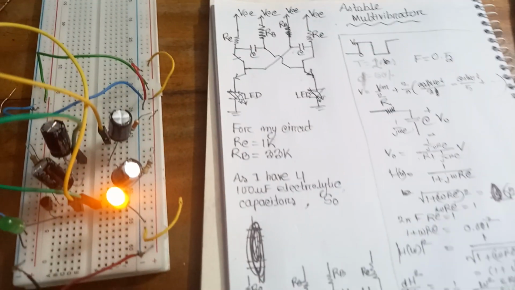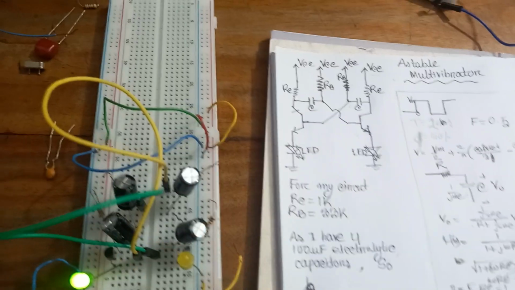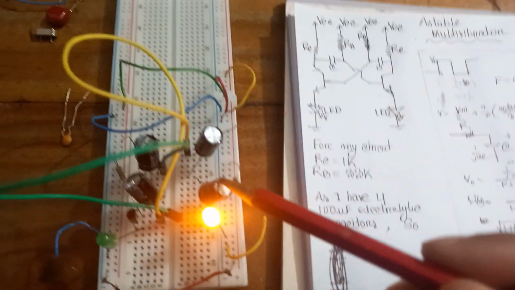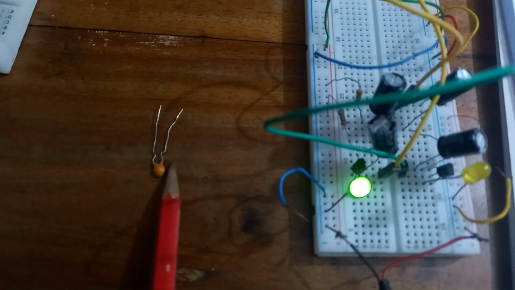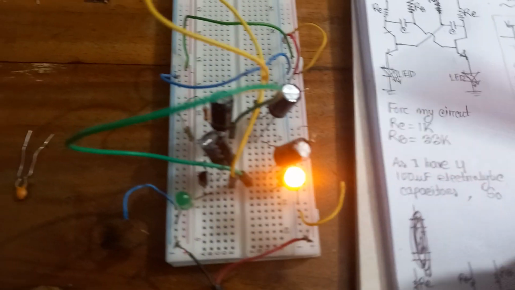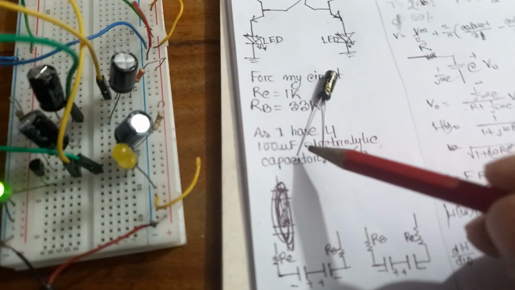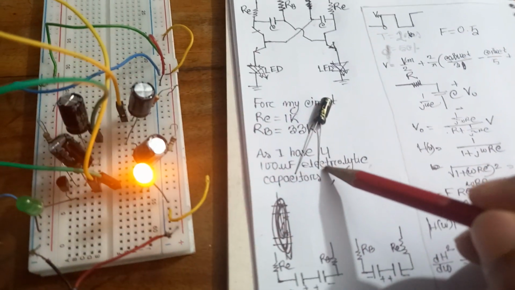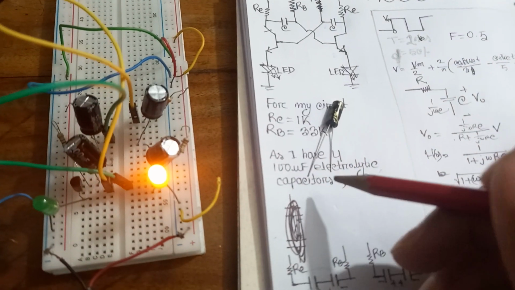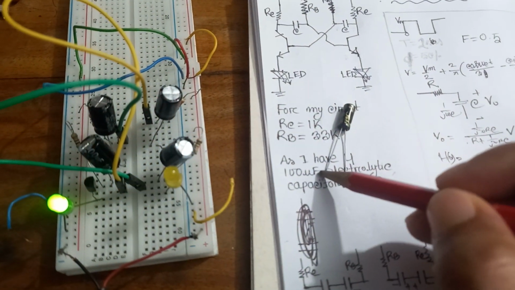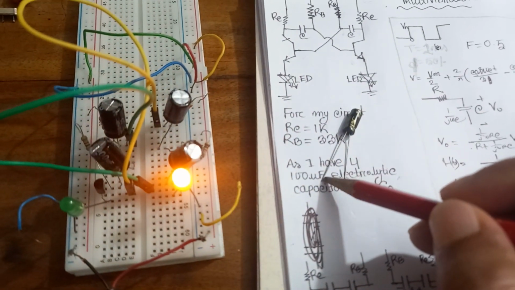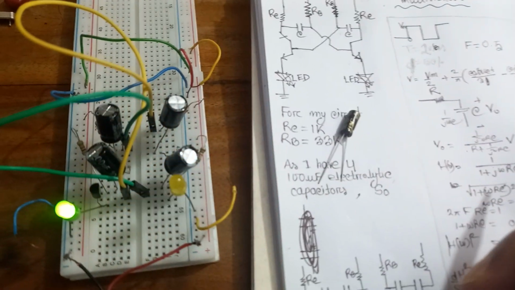Now, one problem I faced is that this is an electrolytic capacitor, right? This is not this kind of ceramic capacitor. This is a ceramic capacitor, but this is actually an electrolytic capacitor. So an electrolytic capacitor has, you can see, one leg taller and another leg shorter. The taller leg should always be connected to the positive terminal and the shorter leg to the negative terminal.